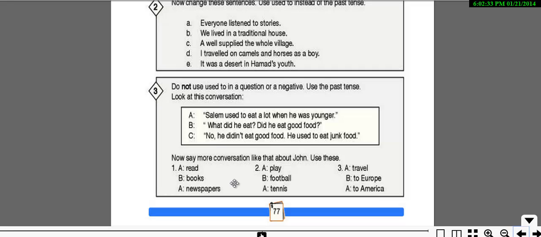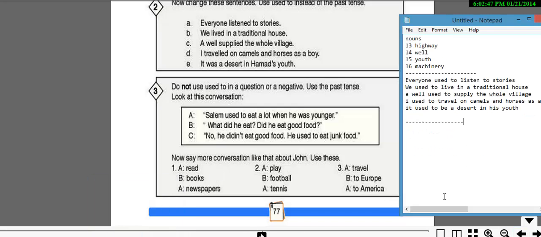So now say this conversation about John. John used to read books. What did he read? What books did he read? Let me just write it down for you guys.